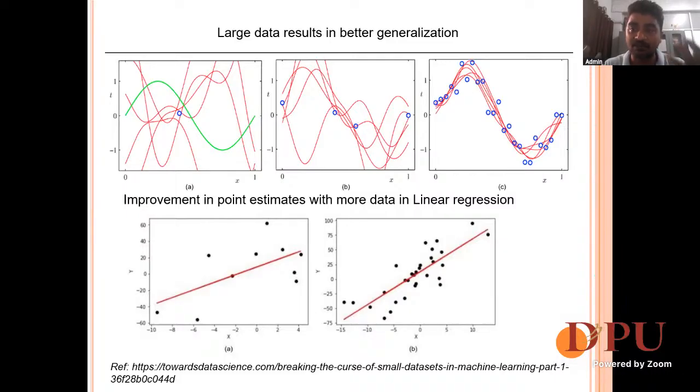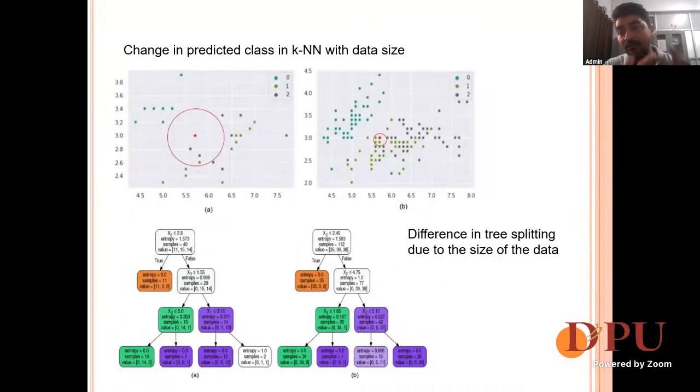If you increase the number of dots, generalization will be much better. In linear regression, if the number of points increases, the point estimation will be much better. In KNN, as the number of data points increases, the predicted class will be much better. In any hierarchical structure, if you increase the number of nodes, the root splitting structure will be better. So you need more and more data points for better generalization, better point estimation, and better visualization. That's why data is important.